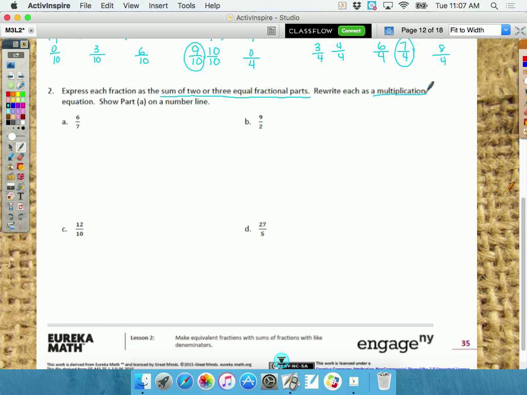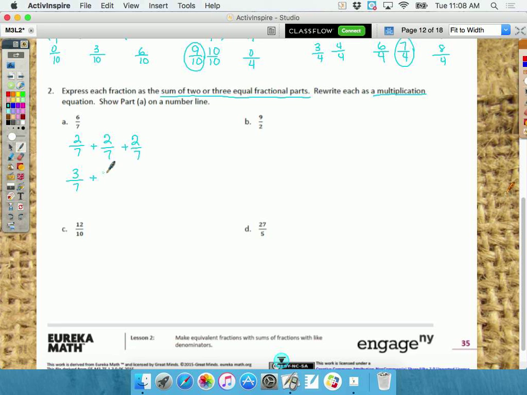Repeated addition. What could we add together to get 6, Thane? You could either do 3 plus 3 or 2 plus 2 plus 2. Okay, so you could either do 3 sevenths plus 3 sevenths, or you could do 2 sevenths plus 2 sevenths plus 2 sevenths, right? And I'm going to put the other way here.